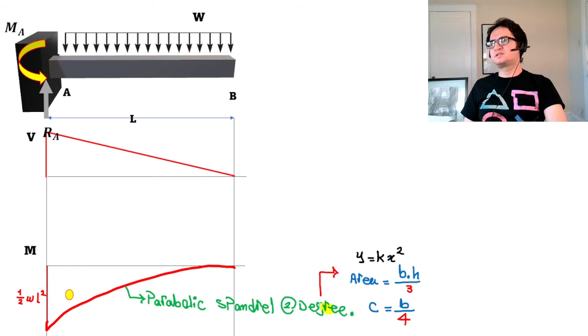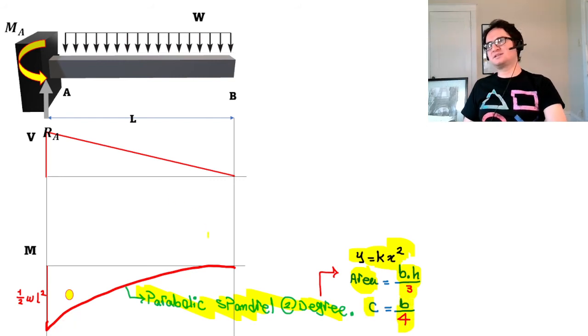Let's see what's the point of this parabolic spandrel. A spandrel is when the function is y equals a constant times x squared. Then our area is b times h over 3, and the centroid is b over 4.